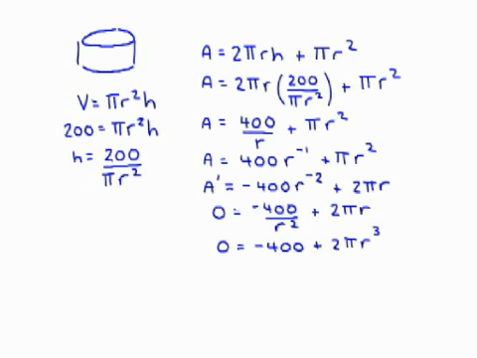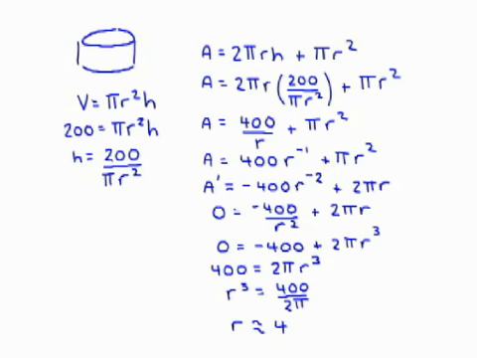Now we can simply rearrange and solve for r. First we add 400 to both sides of the equation, and then we divide both sides by 2 pi, so we end up with r cubed is equal to 400 divided by 2 pi, and then it is just a simple matter of taking the cube root of that value, or raising it to the 1/3, and we find that r is approximately equal to 4.